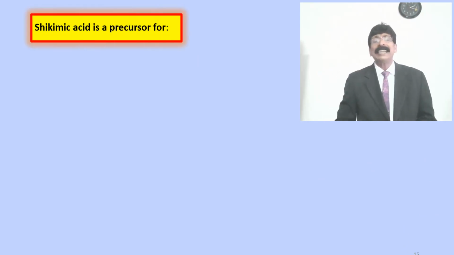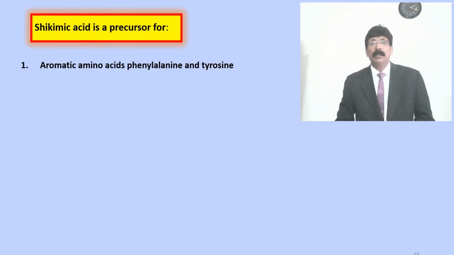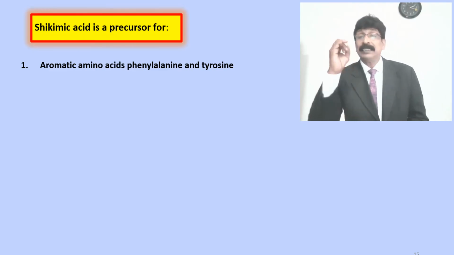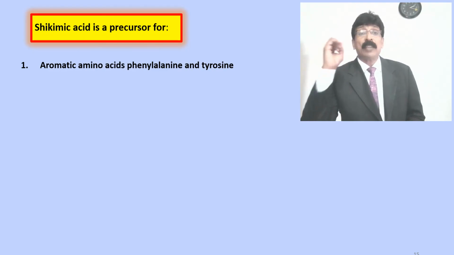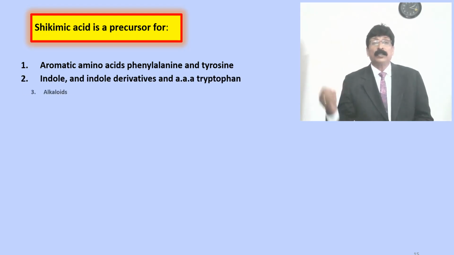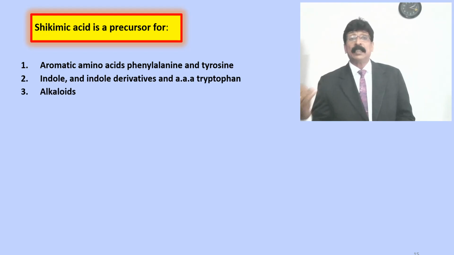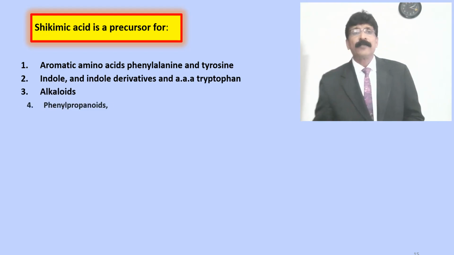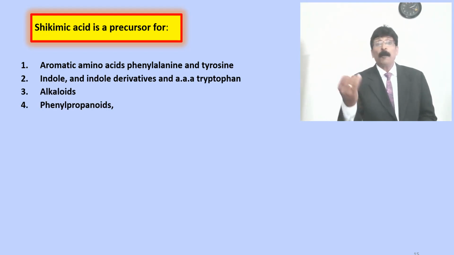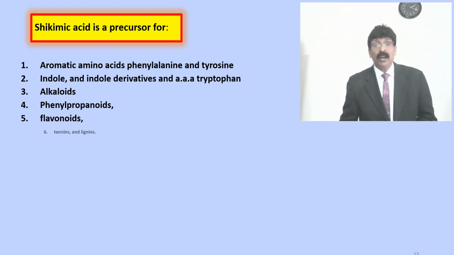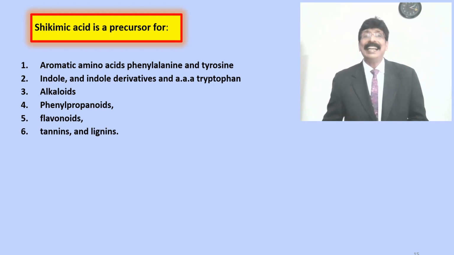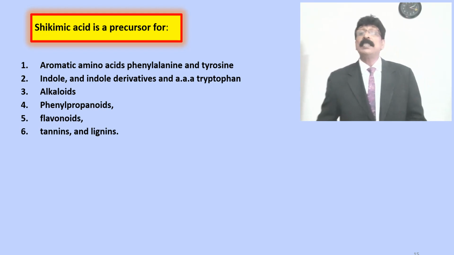Shikimic acid is a precursor for the aromatic amino acids phenylalanine and tyrosine, indole and indole derivatives like the aromatic amino acid tryptophan, alkaloids, phenylpropanoids, flavonoids, tannins and lignins. They can all be produced by the shikimic acid pathway.